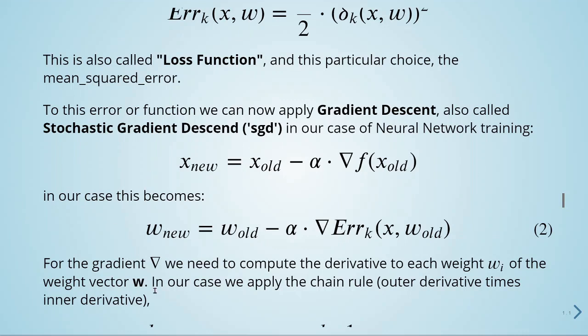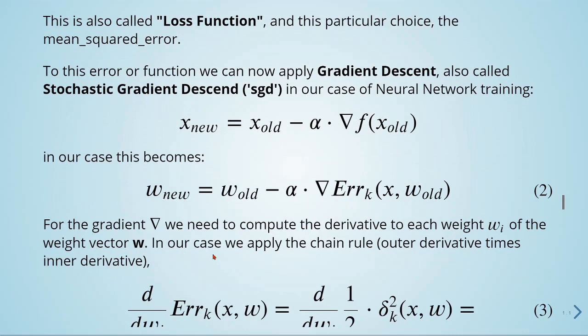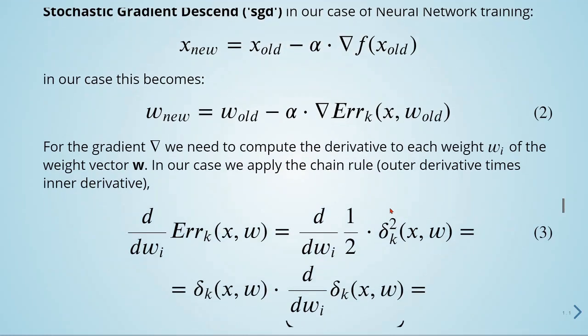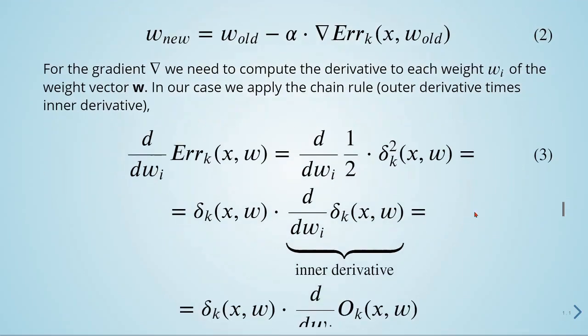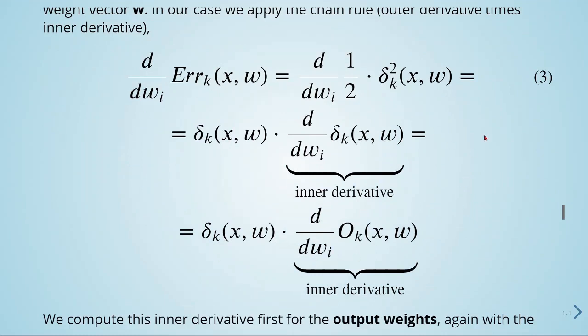For the gradient nabla, we need to compute the derivative with respect to each weight w of the weight vector w. In our case, we can apply the chain rule, the outer derivative times the inner derivative, and after these manipulations, we get these equations.